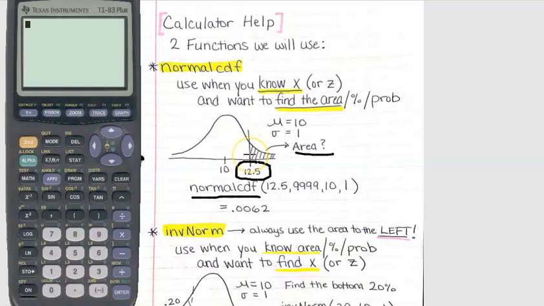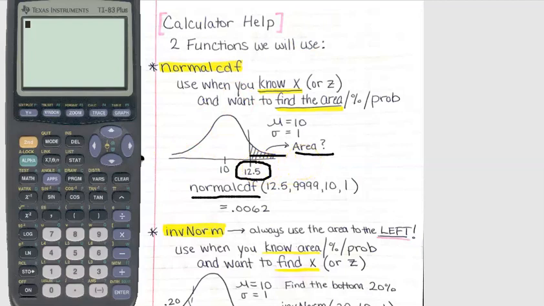So if I'm talking about what area I want, I want to start here at 12.5, and then go up to something. So I want to start at 12.5 and go up to infinity. We talked about last time that the tails of the normal curve extend forever, from negative infinity over here to positive infinity over here.